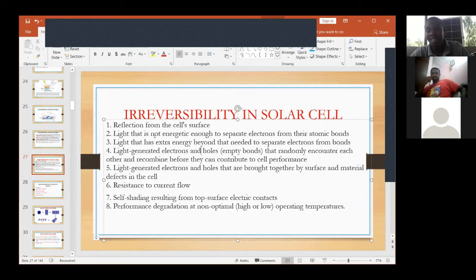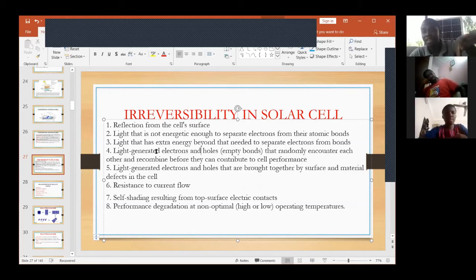Some light energy is not energetic enough to separate the electrons from the atomic bonds. That means not all the energy that comes to the surface of the cells has sufficient energy to cause these electrons to leave their place. Some were too energetic, some were less energetic, and they are resistant to the flow of electric current. Then self-shading: you will see that the cells shade themselves, because you need to put wire here. A certain area of the cells is covered already.